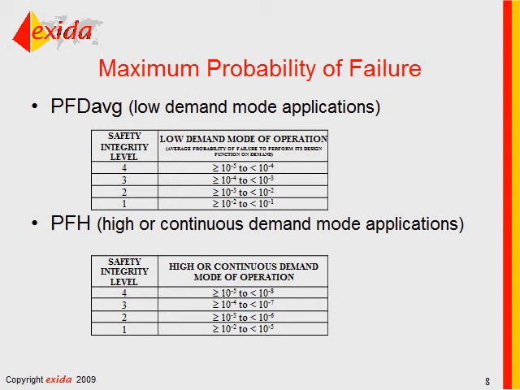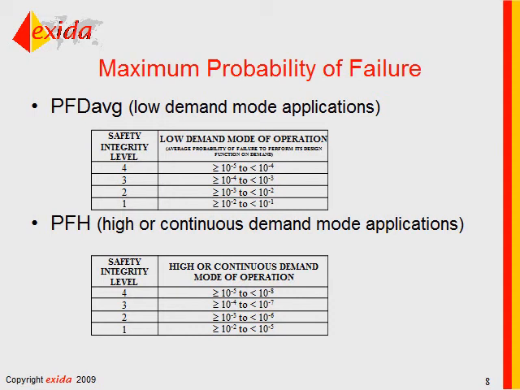What's the difference between low demand and high demand or continuous demand? Basically, as long as you can claim that you have at least one proof test executed during a demand interval, that will be considered low demand.